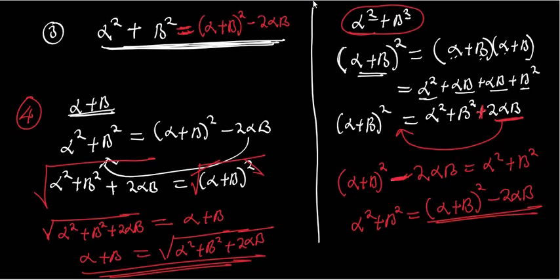Okay, now let's also look at another type of identity that we need to take note of. The other type of identity is alpha squared minus beta squared.